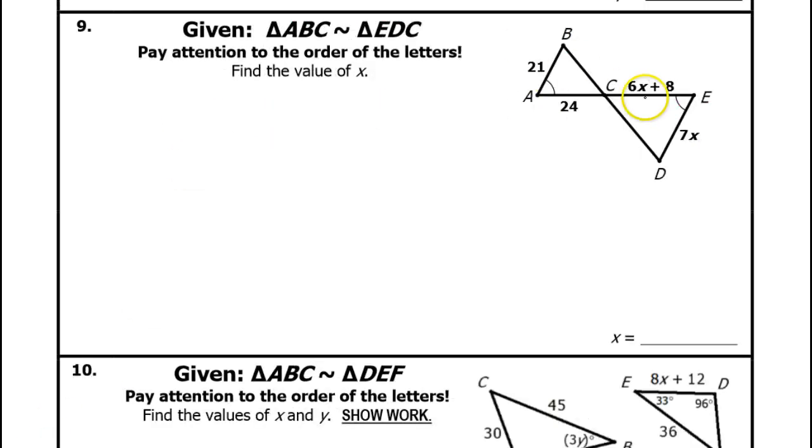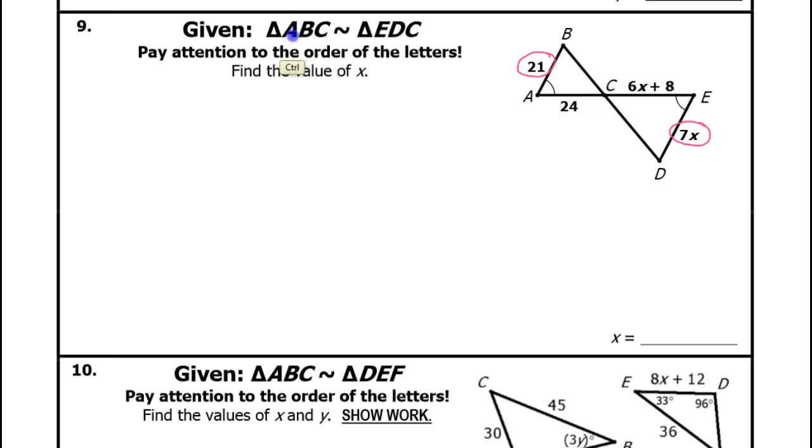Problem number 9, once again we're given similar triangles. We're told the order of the letters. So I know that, for example, AB corresponds with ED. So here's AB and here's ED. Those are corresponding sides. Now let me skip over to AC.